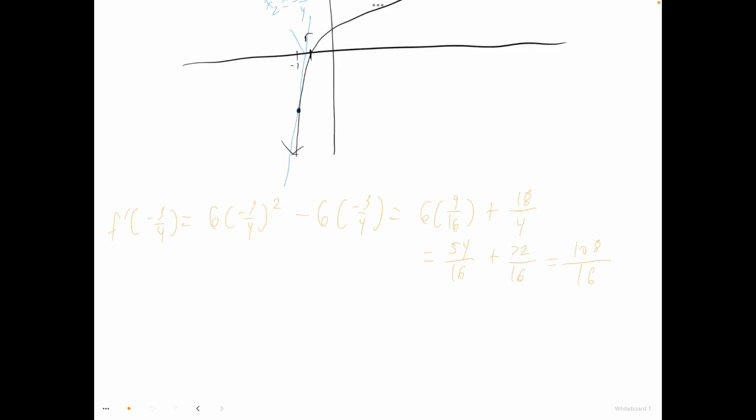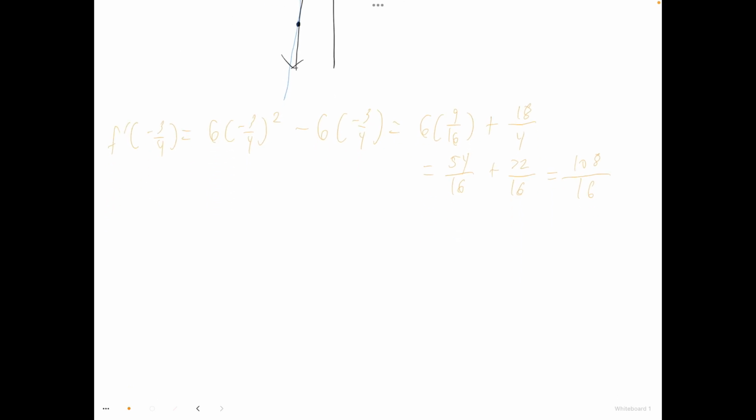And so that is our slope. And then we need to find the value of f at minus 3/4 as well. And so this is going to be 2(-3/4)^3 minus 3(-3/4)^2 plus 2.